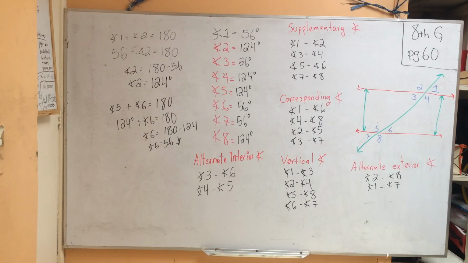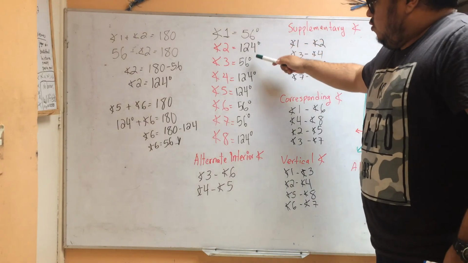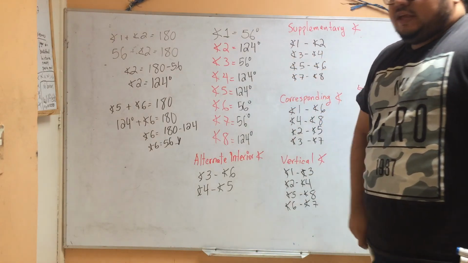All of these definitions, we saw them in the first video. You have them also on page 60 in your book, so make sure to check it out. These rules are important, so you need to check them out. And from one angle, we calculated the others.